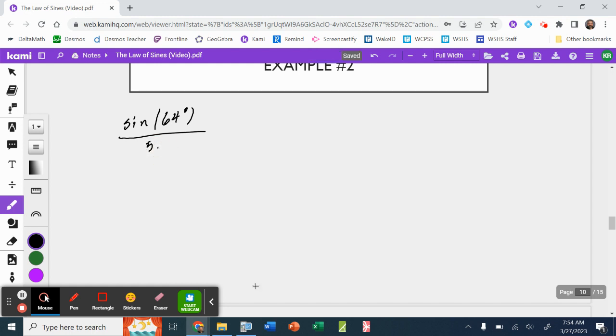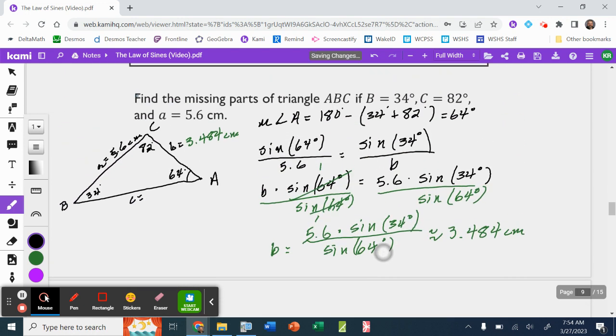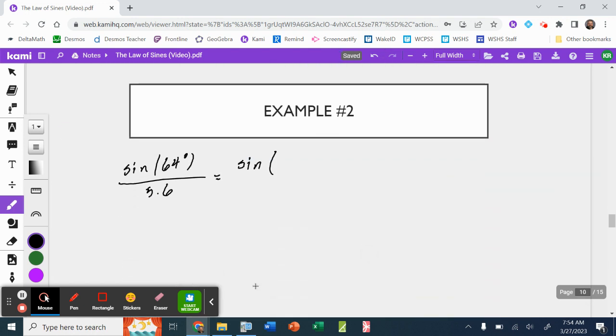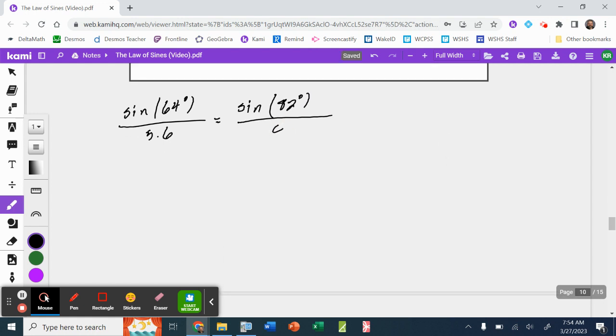Side A was 5.6 centimeters. And now we're going to go with the sine of angle C. And they told us that angle C was 82 degrees. And we do not happen to know the length of side C. That's what we're trying to find with this second proportion.